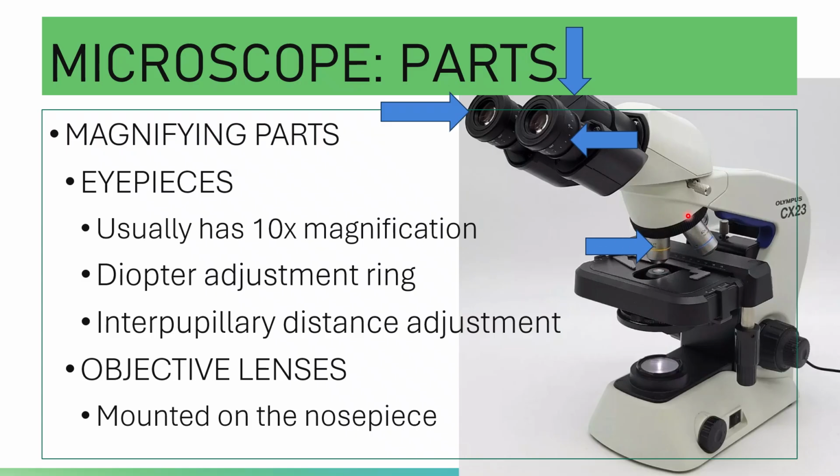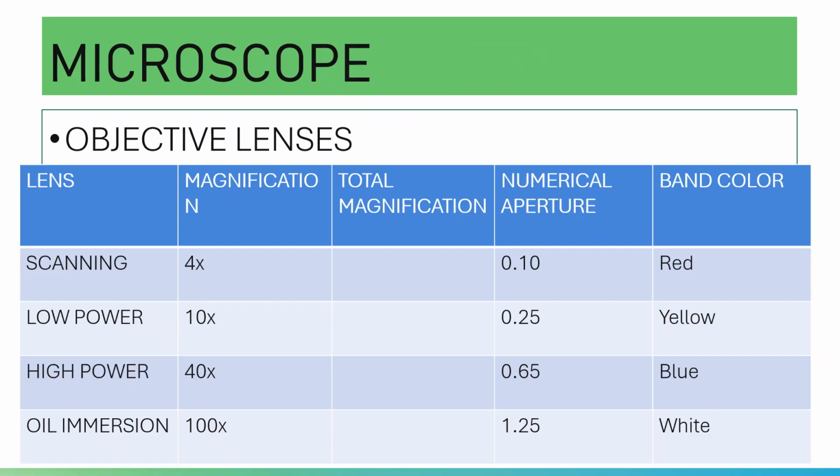You have your objective lenses. Of course, you have there your nosepiece, the revolving nosepiece or turret. Here you have a table showing your different objective lenses: your scanning objective, your low power objective, your high power objective, your oil immersion objective.